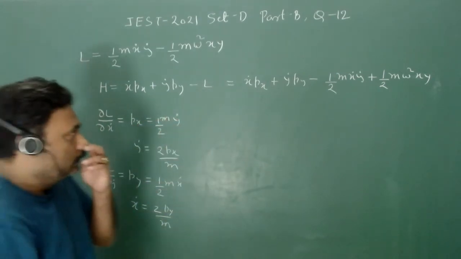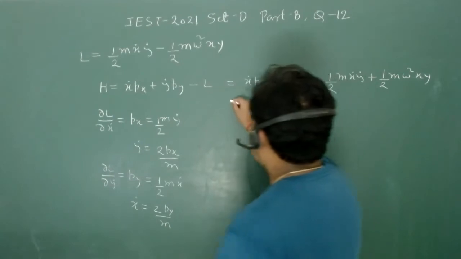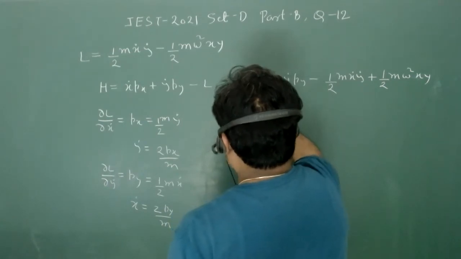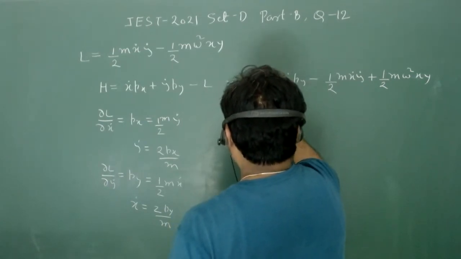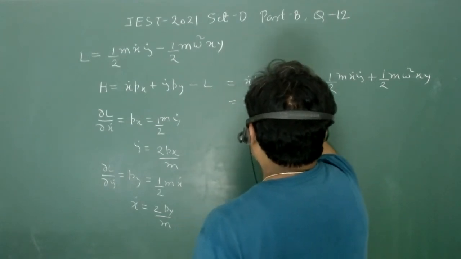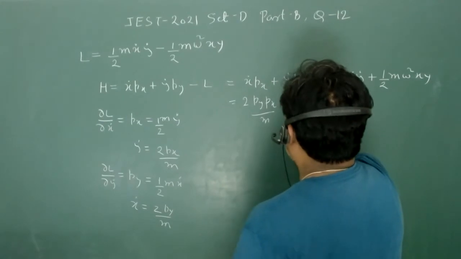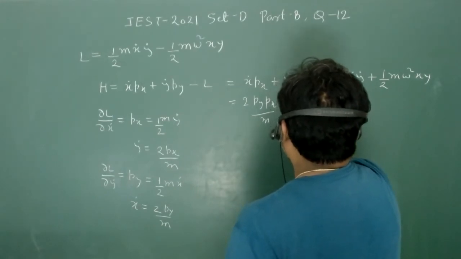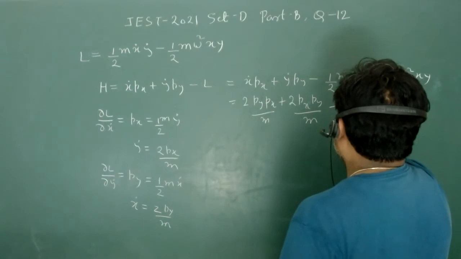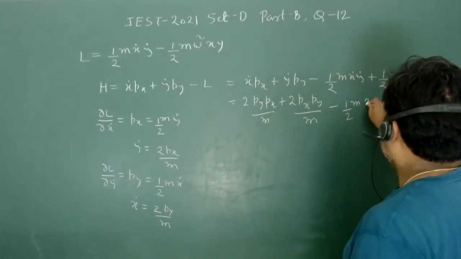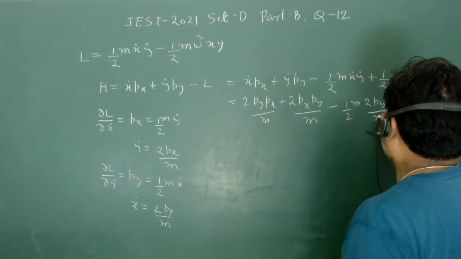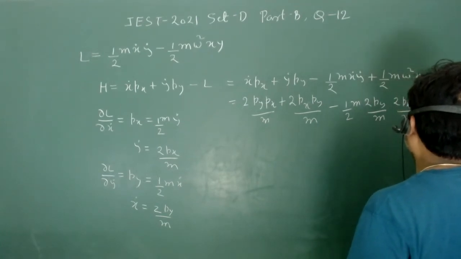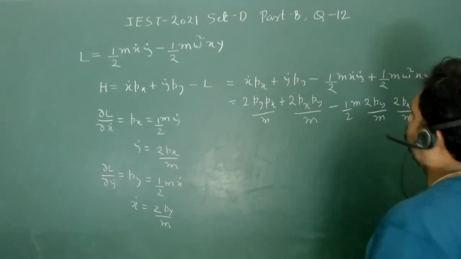Now we put all these values in, so x dot is 2 py upon m, giving 2 py px upon m, plus again 2 px py upon m, minus half m times 2 py upon m into 2 px upon m, plus half m omega square xy.